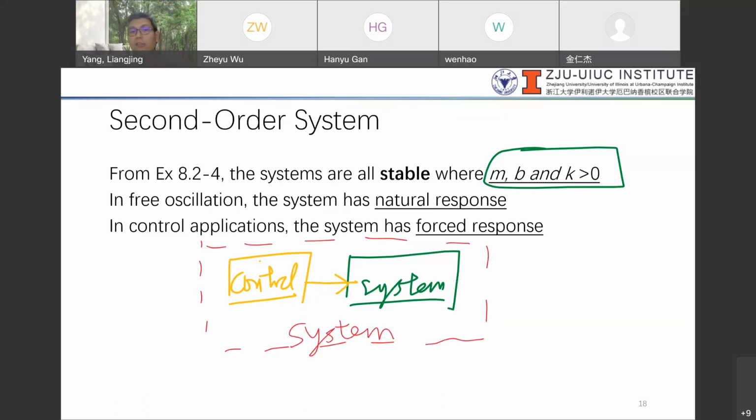This is now a new system, and it may not always be stable. If you don't design a controller correctly, it can actually lead to instability. Right, that's why we need to do stability analysis.